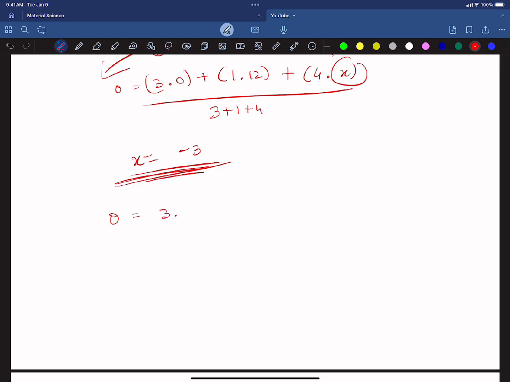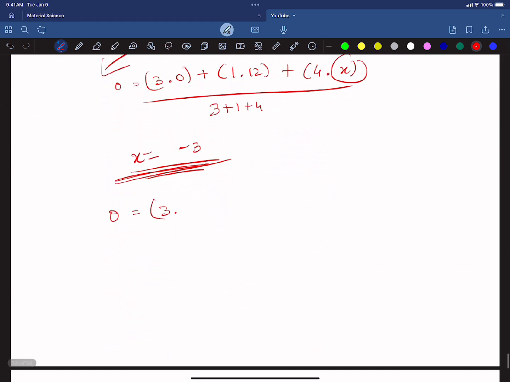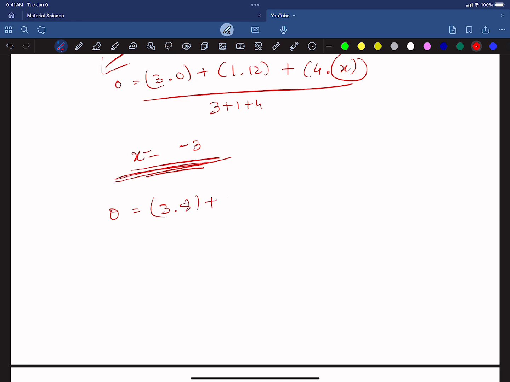So 3 times the y component, which is 8, 3 times 8 plus 1 times 0 plus 4 times y, whole divided by the total mass 8.